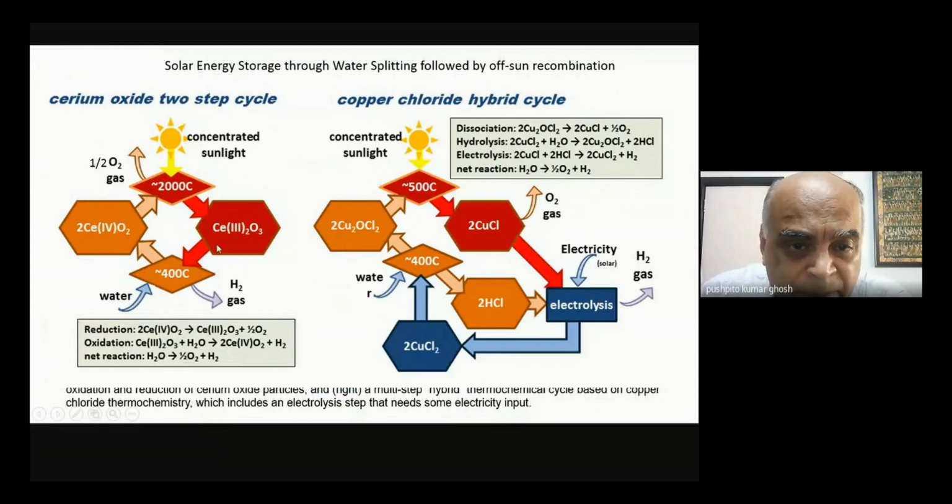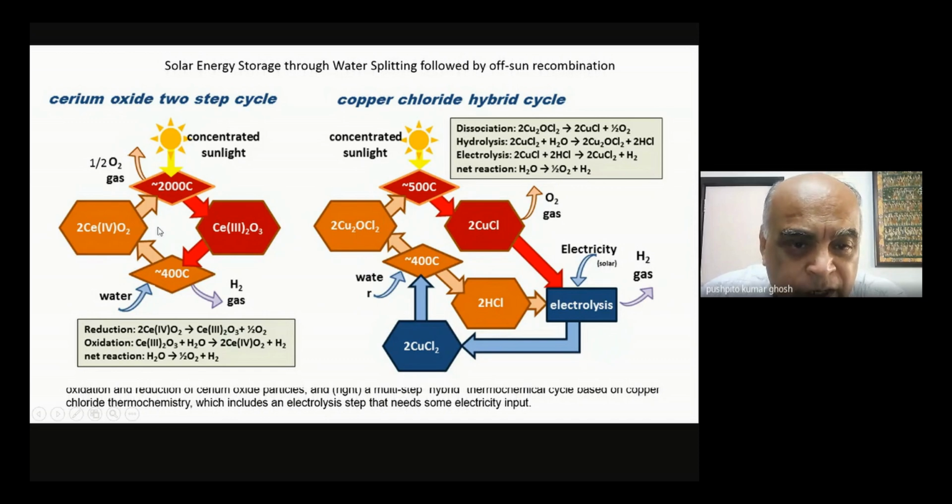Now, then what happens is, and that happens at a fairly low temperature, you add water to this compound, heat it up to 400 degrees centigrade, and hydrogen comes out, and you get back this compound. So you are recycling the whole thing. Nothing is lost. And what happened finally?